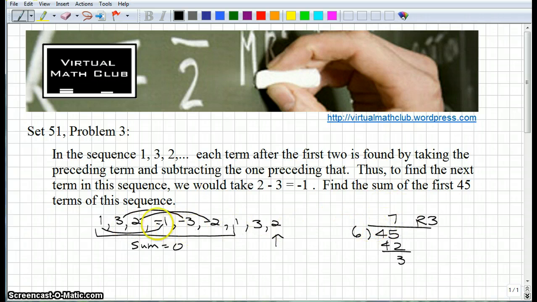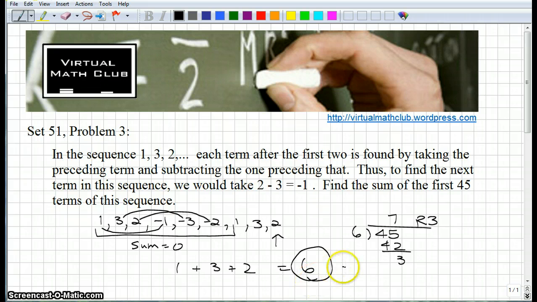Every set of 6 numbers in the sequence, 1 through negative 2, is just going to sum to 0, and we're going to repeat that 7 times. So we have 7 times 0, and then we have 3 more, which is just 1 plus 3 plus 2, and that's equal to 6.